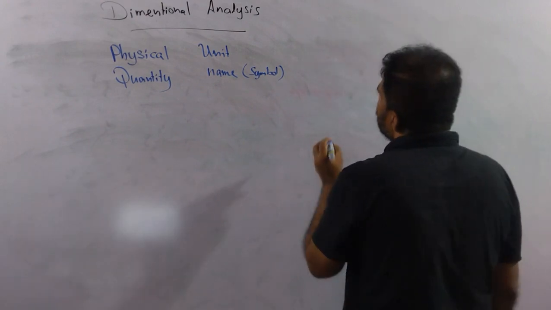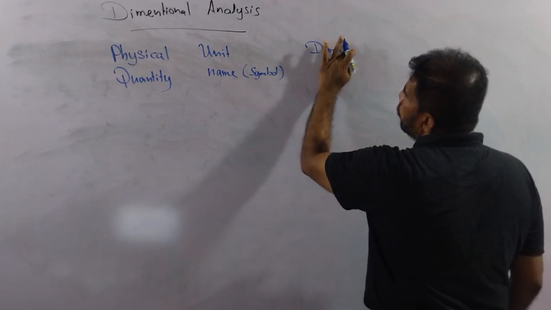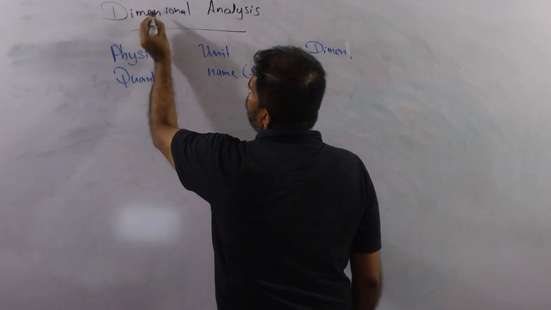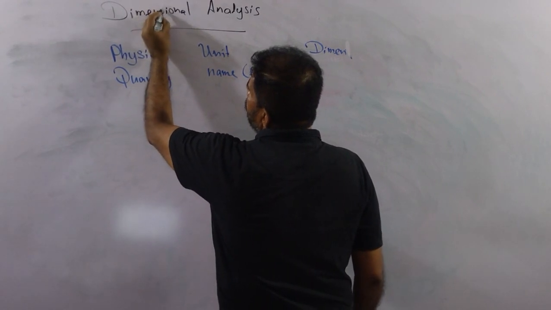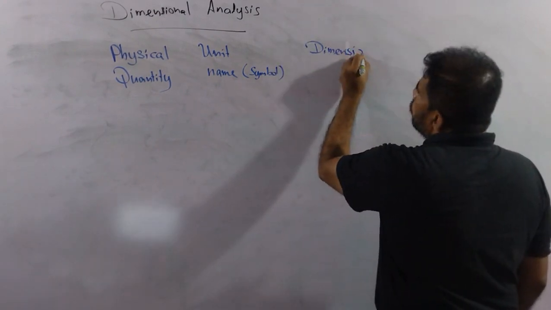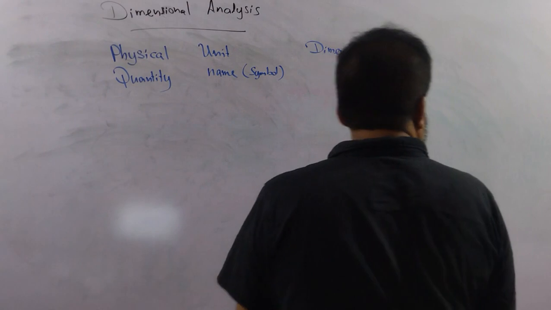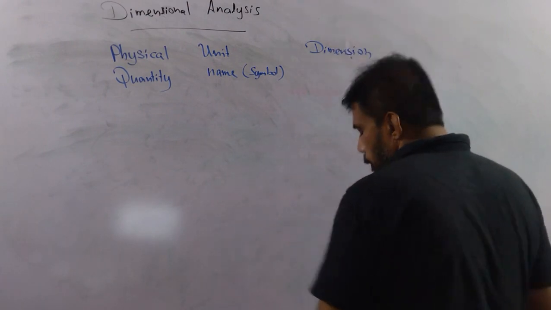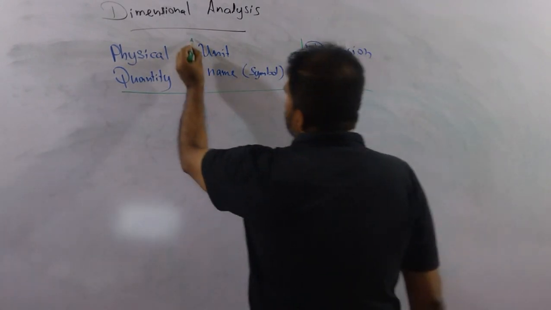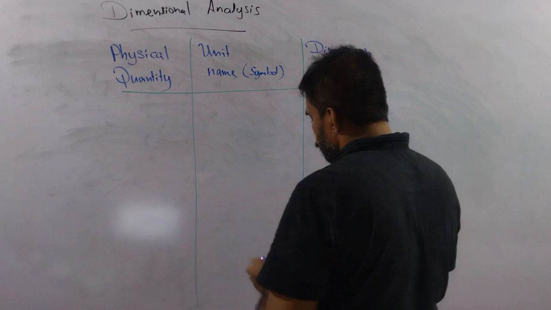Then dimension. Next, dimension. So we'll see what the dimensions are for those physical quantities we know so far, the fundamental quantities, and later on we'll discuss derived quantities as well.